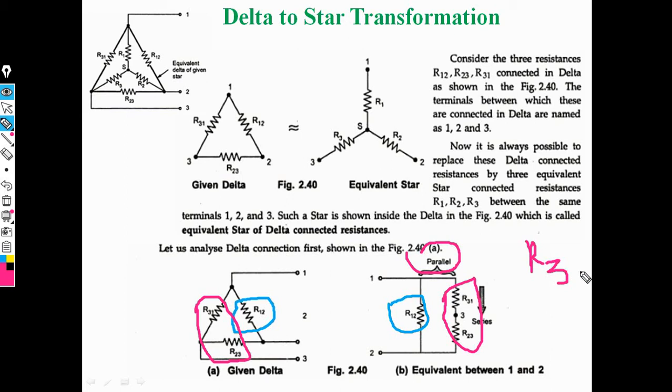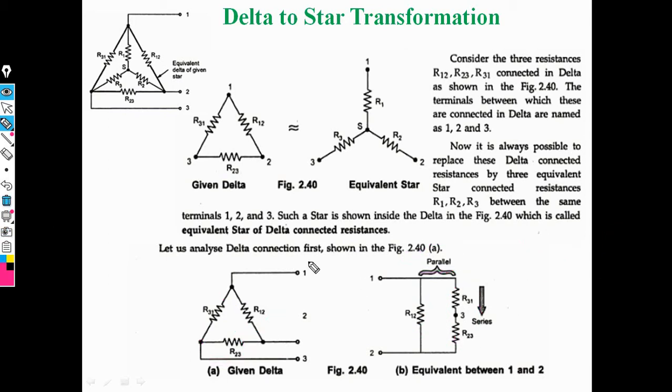This is the important concept: R31 and R23 are connected in series. In delta, R12 is parallel to R31 and R23, but R31 and R23 are connected in series.